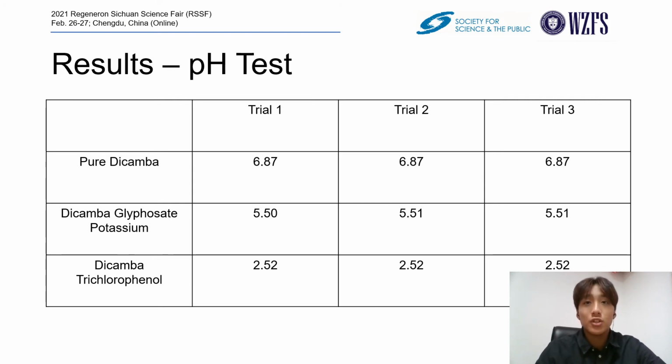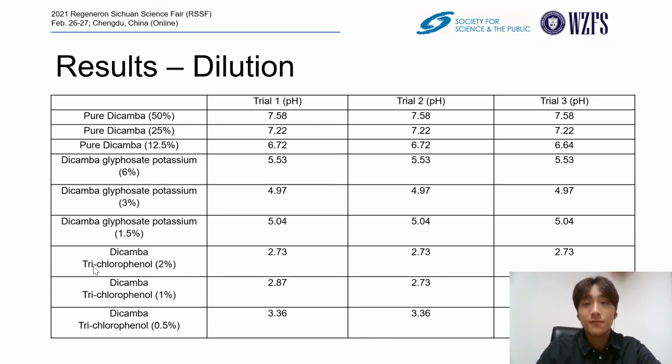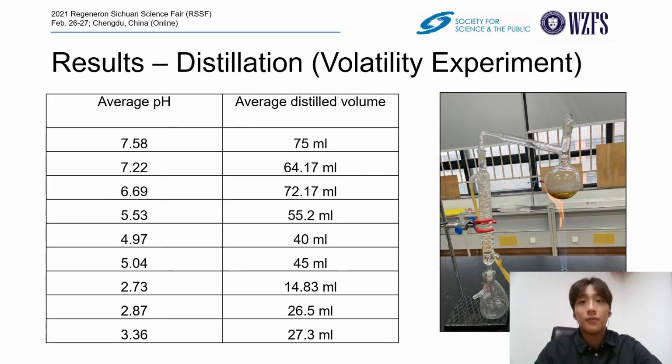Then two more solutions were prepared, varying the concentration from the industrially preferred concentration. Next, using all these varied models, distillation was carried out to measure the volume of the condensed dicamba solutions, which we use for the measurement of volatility. Each experiment was repeated 3 times.